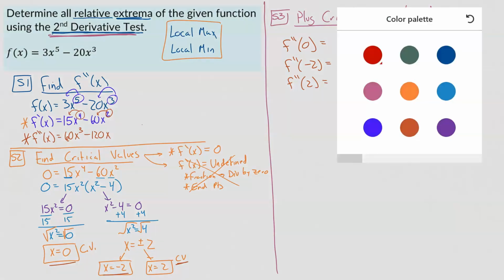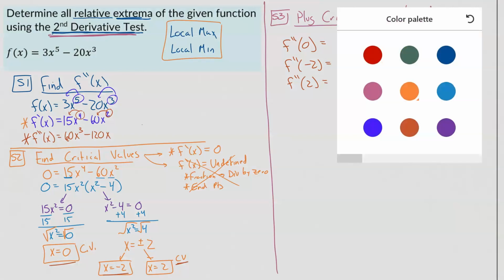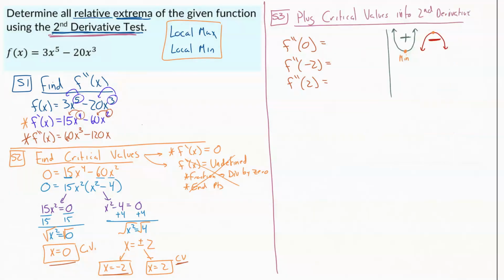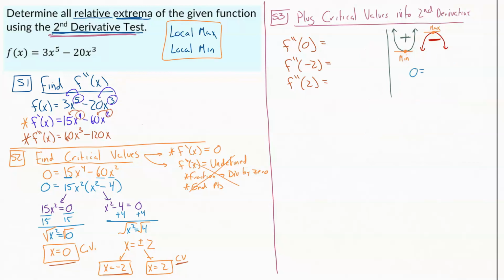If we get a negative value out of here, then we know our graph is concave down like a frown. And so the only place that critical value can live, because it's got to have that horizontal tangent line, would be at the max. So if we get a negative value out, then we know that we're looking at a local max. And if you get out 0, then it's not a max or a min.